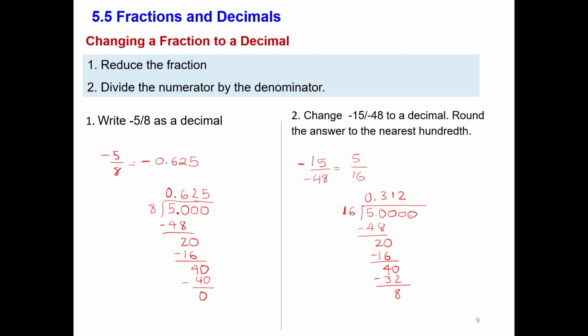Add a 0 here, bring this 0 down. How many 16s are in 80? 5 times 16 will be 80. Remainder is 0. Then this equals positive, because negative divided by negative is positive, 0.3125. And again, you can check your answers using the calculator, but in the test you must show your work.